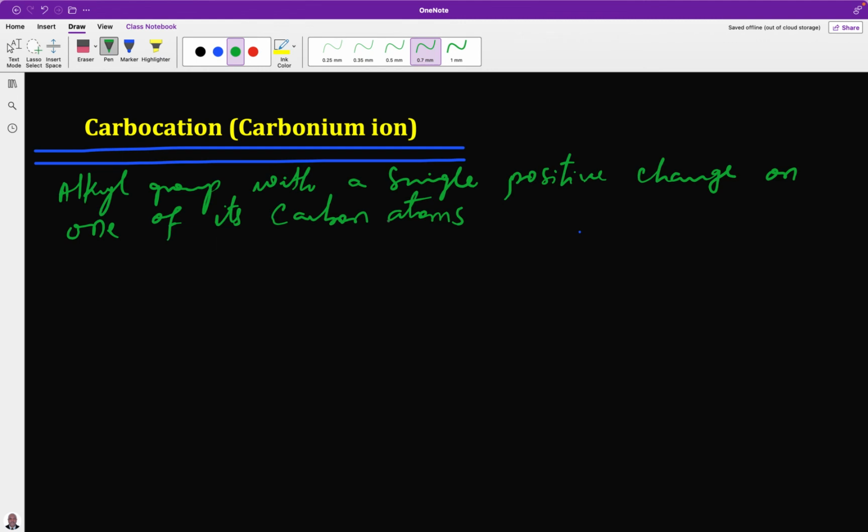These carbocations are usually formed in organic reaction mechanisms, especially when they are linked to a strong electronegative atom, as I showed you the other time.